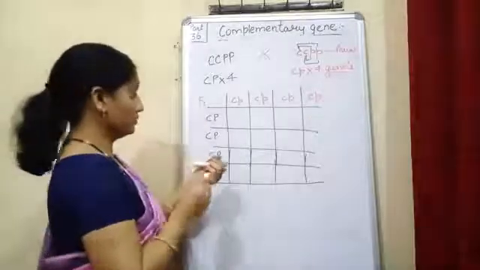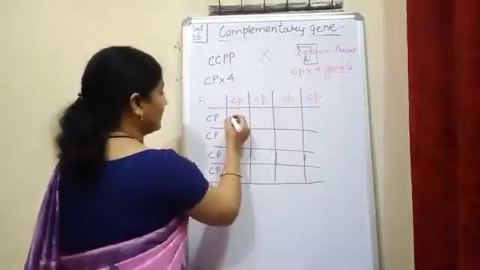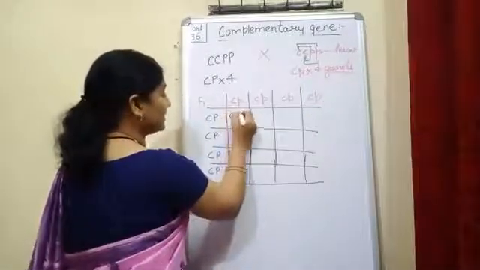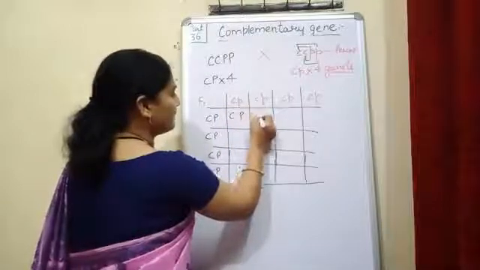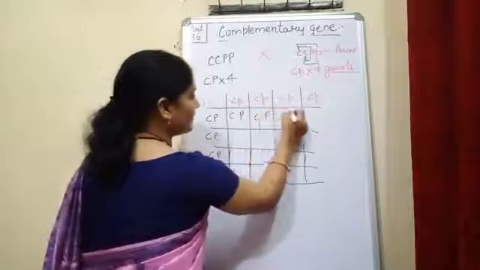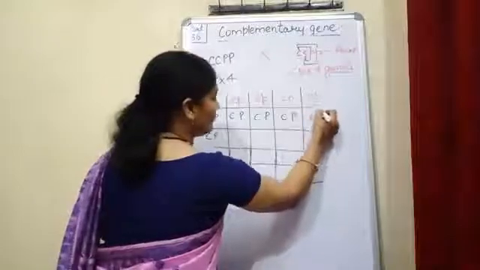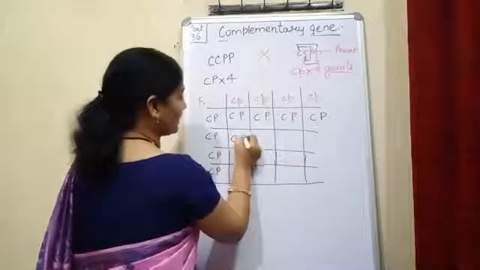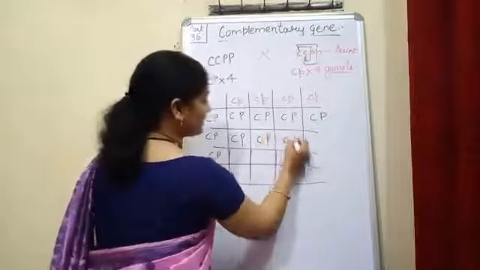Now you cross. What will be the result? Capital C, capital P. Everywhere we will get capital C, capital P. Everywhere. Okay. I am writing it.